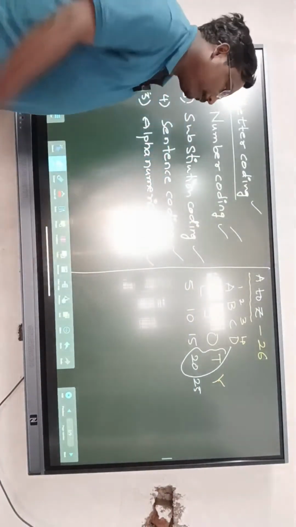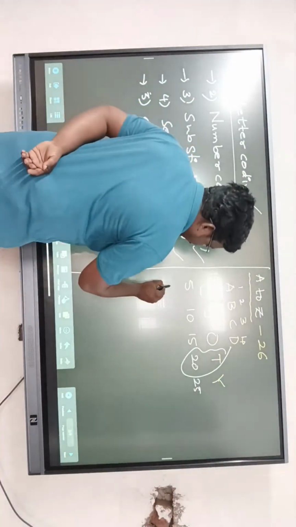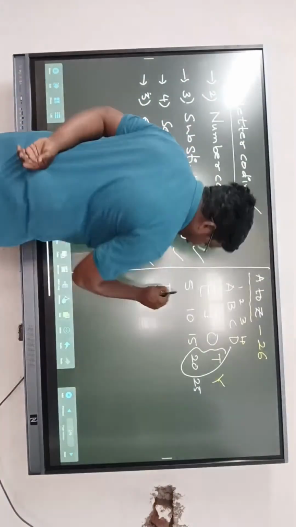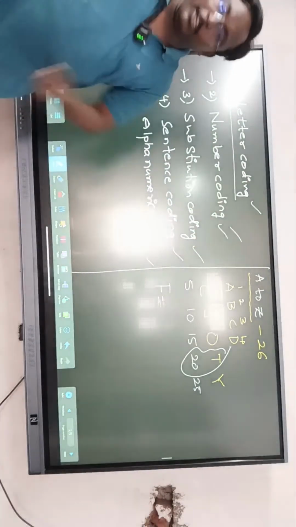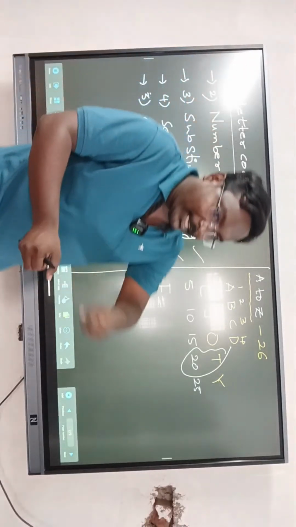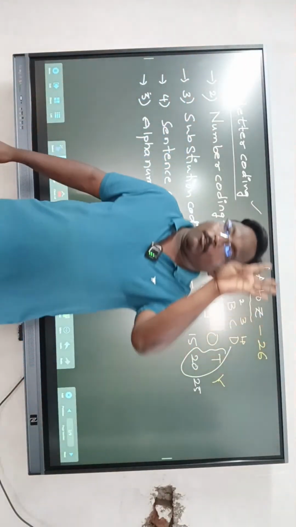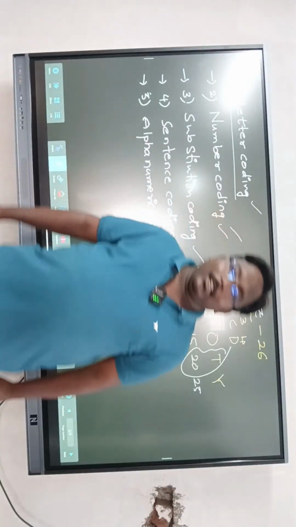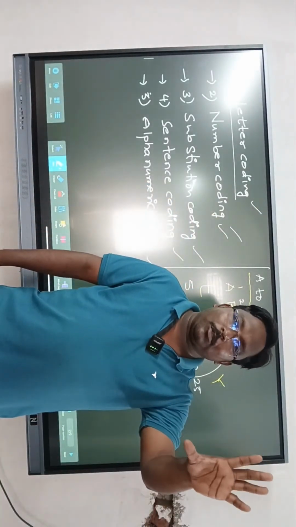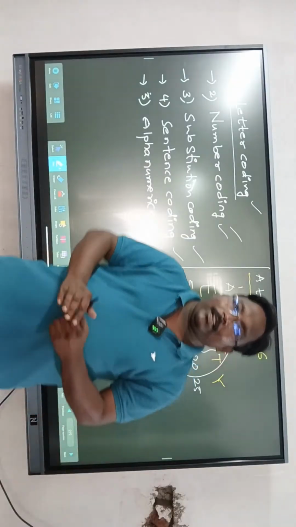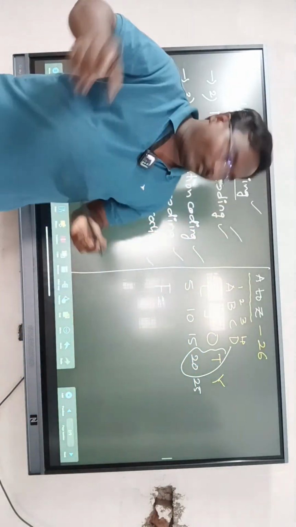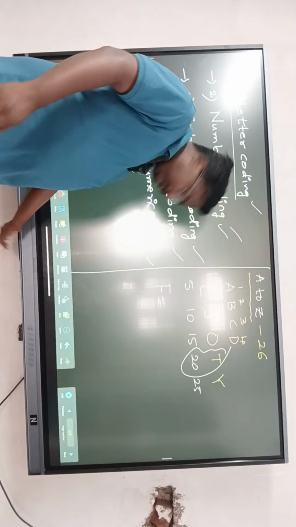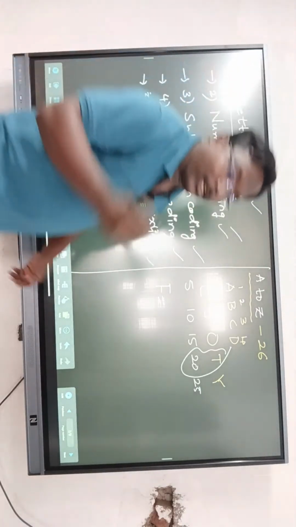Right. Next, which letter comes after E? F. F for fix. When you are playing cricket, suppose we want to win a match and only have 5 runs to become a draw, 6 to win.